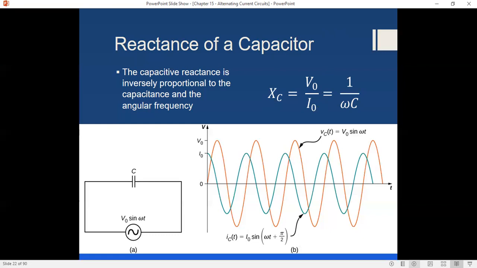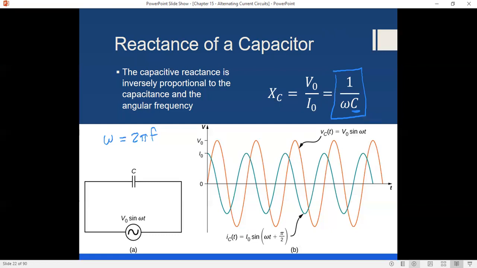Now notice that I've set the reactance equal to 1 over omega C. Omega, again, is our angular frequency, which is 2 pi times the regular frequency. But it also depends on the capacitance.